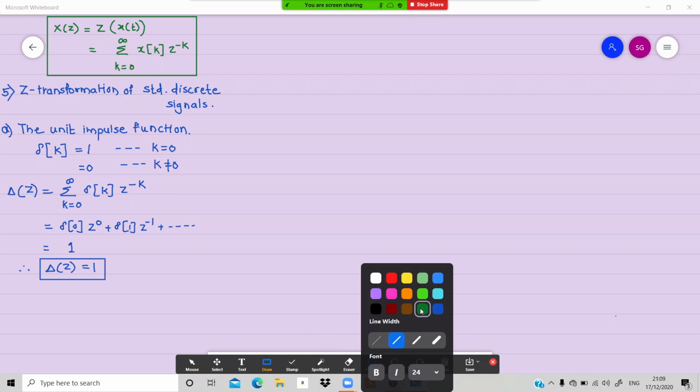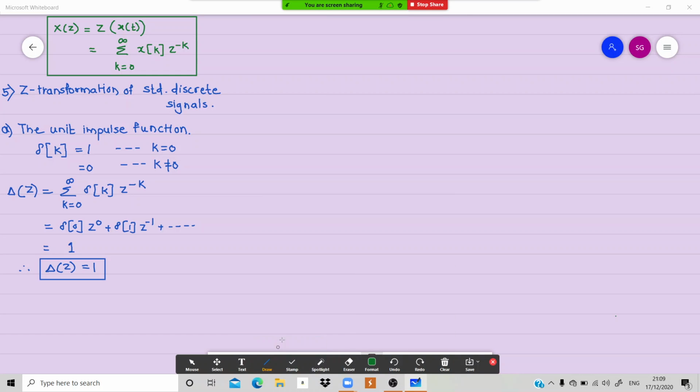Now we'll go for the second one. Now I'm talking about the second one, B. That is a unit step function or unit step signal.